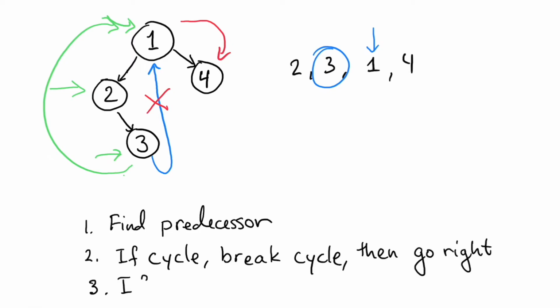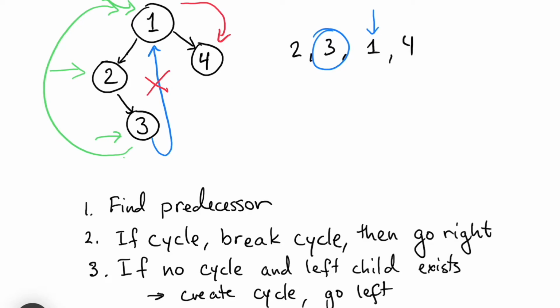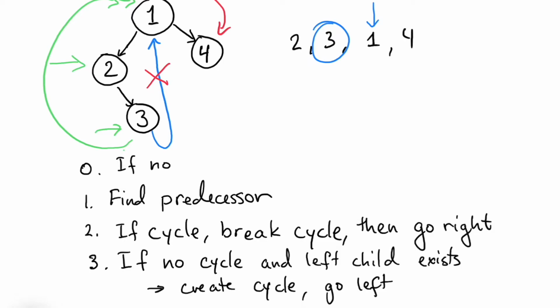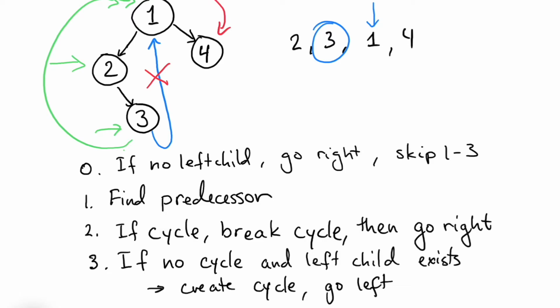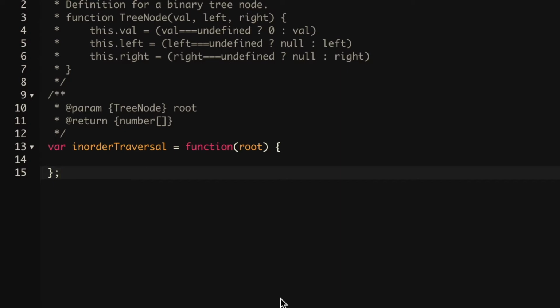If there's no cycle and the left child exists, then we want to make a cycle and go to the left. What if a node has no left child? Then we don't need to worry about this process of creating and breaking a cycle and can just continue traversing onto the right child. And now for the code.